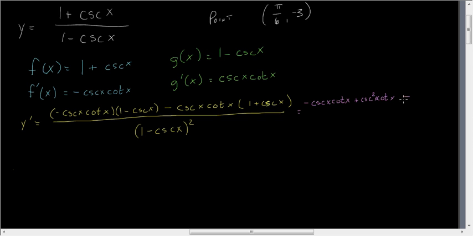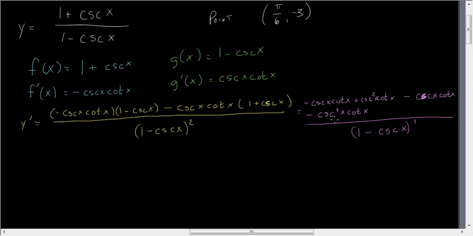Minus, and we have a cosecant x cotangent x, negative, and so that's going to be a negative cosecant squared x cotangent x. Okay, that finishes it out, 1, 2, 3, 4 terms for the top. And then we have the 1 minus the cosecant x quantity squared on the bottom.